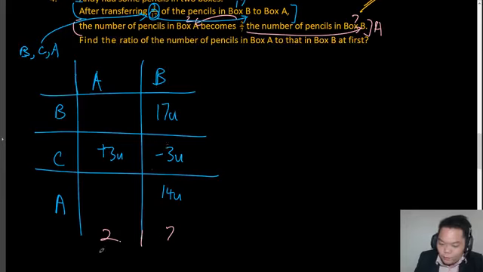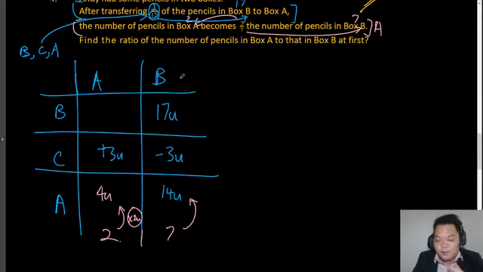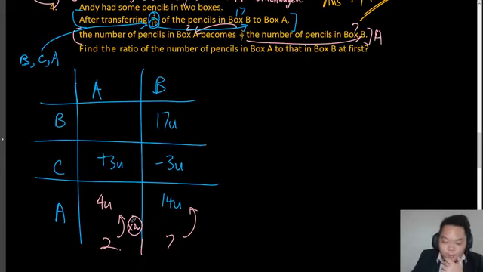You're going to have 2 pink blocks representing A. You're going to have 7 pink blocks representing B. So how do we get from 7 to 14? We would have to multiply it by 2 units here. So this now becomes 4 units in total. Okay, you have to make everything into the same unit first. And once we have that, we can observe that you can work backwards directly from here.